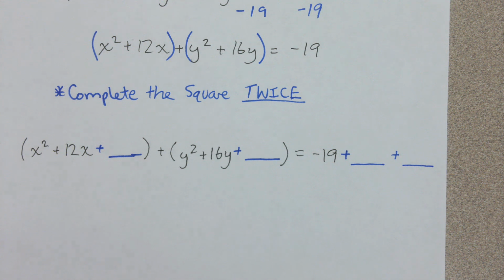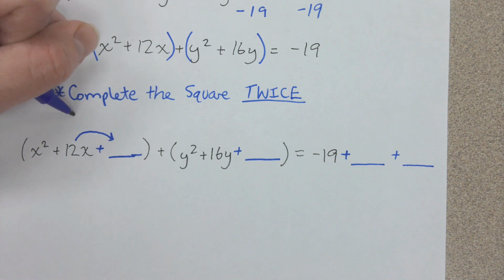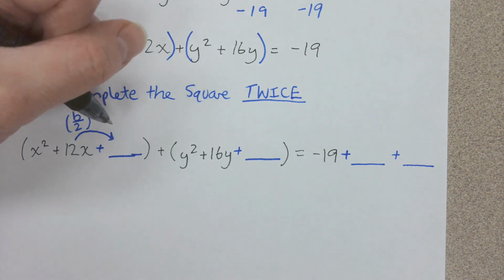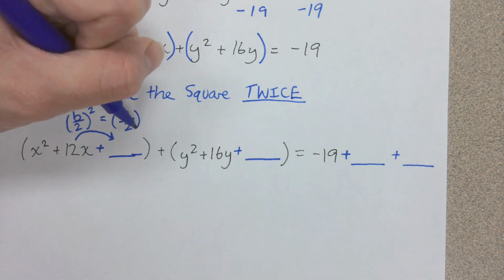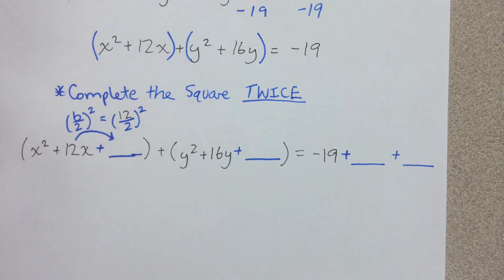So now I'm going to complete the square. Starting with the x's, we go to the b term, the 12. Again, the little formula is b over 2 squared. So that means our b here is 12. So we're adding 12 over 2 squared. And remember, you divide in the parentheses, but keep the square. So this term is 6 squared.